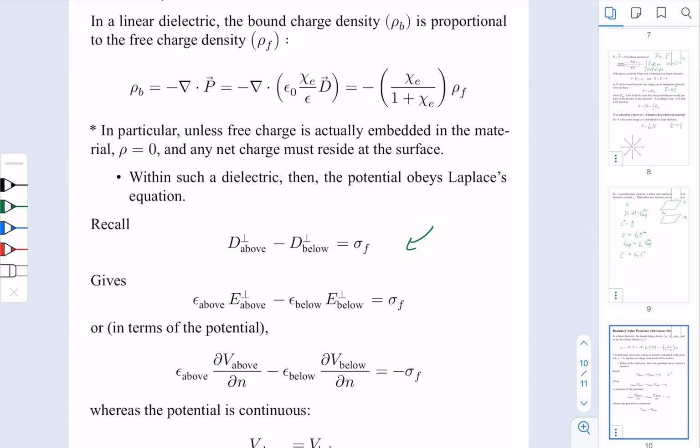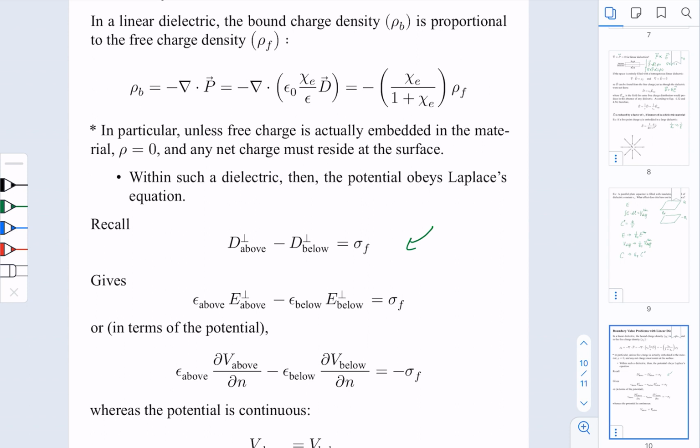This is similar to our ordinary Laplace equation problems, where there can be a surface charge near some boundaries, but inside the system there is no charge, and we can use our technique of the Laplace equation to solve this kind of problem.